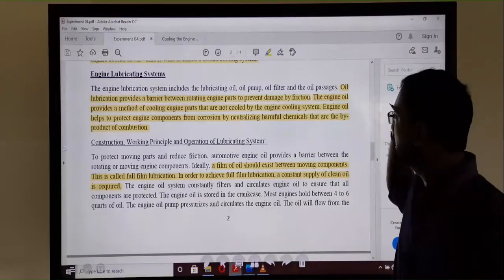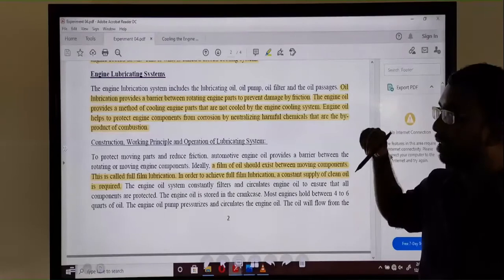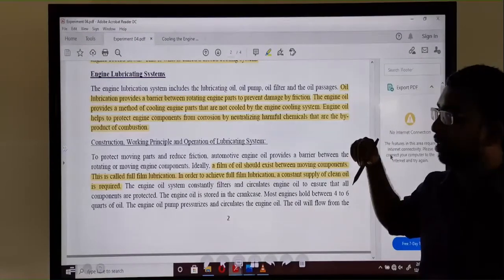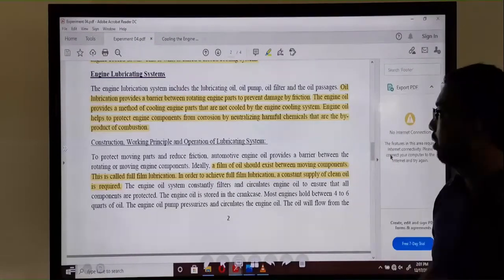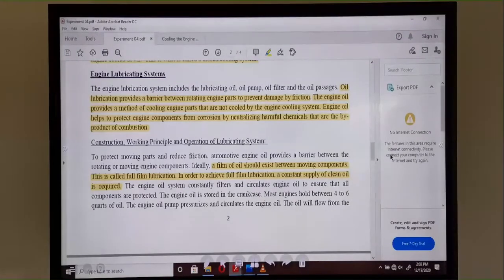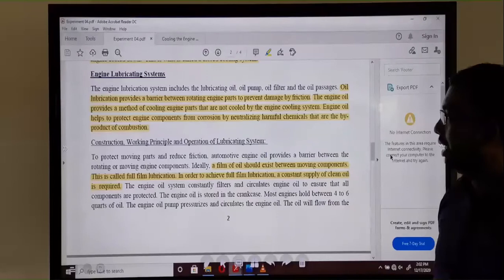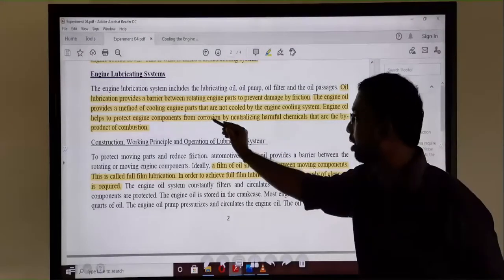This engine oil provides cooling. The other thing, the engine oil helps to protect engine components from corrosion.